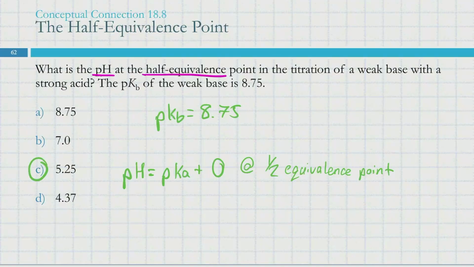So we need to figure out what our pKa is. pKa plus pKb equals 14. So pKa equals 14 minus 8.75, or 5.25.